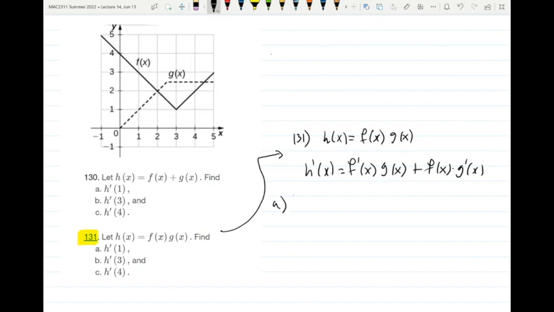So let's see, for part A, you want h prime of 1, that just means to find this. Do you understand this? Just plug in 1 into the formula. The whole point is I want to make sure that you know how to find these values from the picture. That's the whole point of this question.